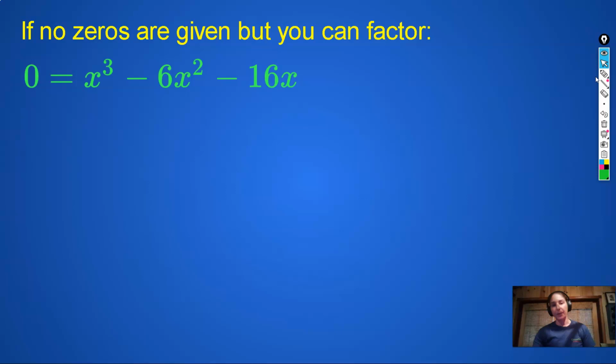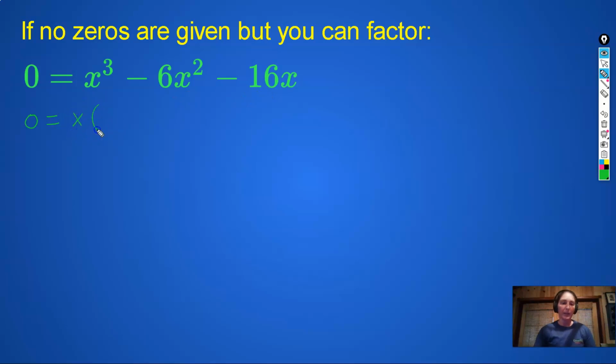Another scenario you could run into is you're given a polynomial, and you're not given any zeros off the bat, but you notice, hey, I can factor this thing. And we know that factors can lead to zeros. That's kind of a key here. I notice we can factor this thing because every single term has an x. So let's use greatest common factor.